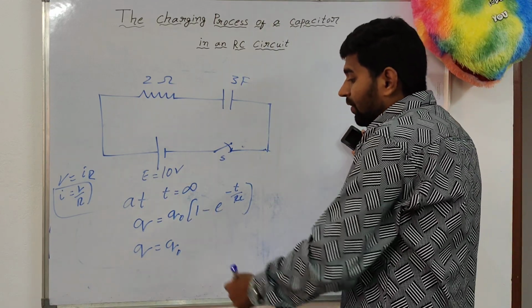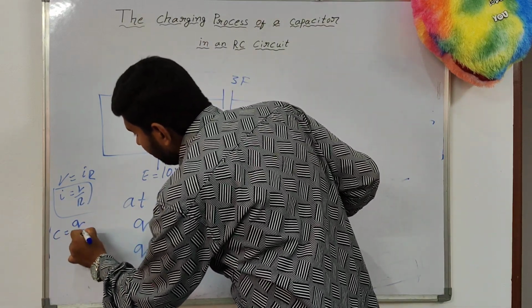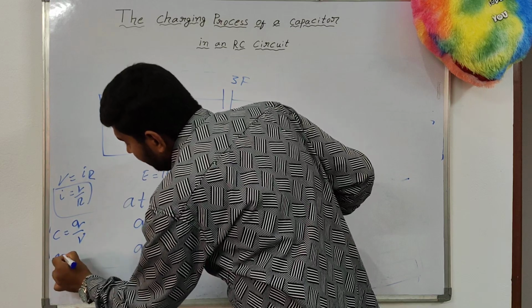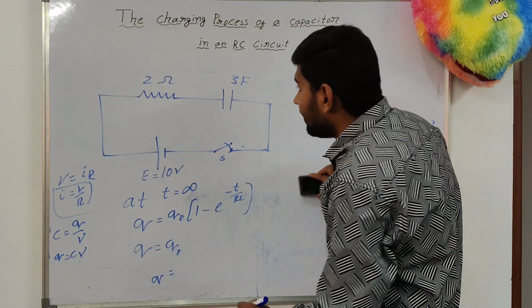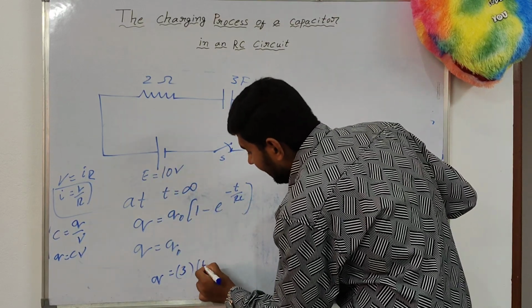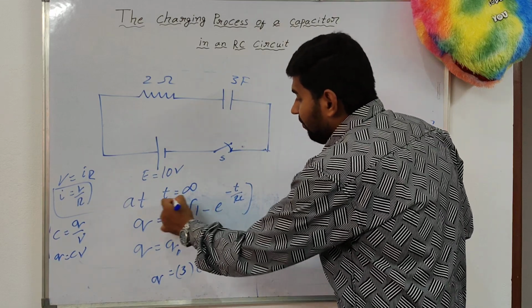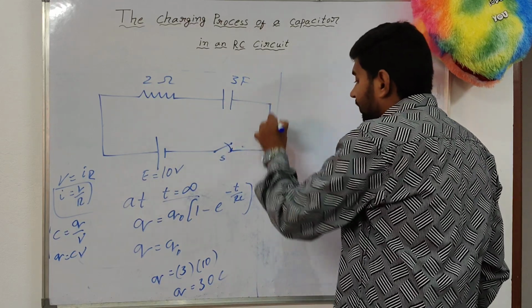What is the formula? We have the formula C is equal to Q by V. From this Q is equal to C into V. Here Q is equal to, what is the C value? 3. What is the EMF? 10. At t is equal to infinity, the Q is equal to 30 coulombs.